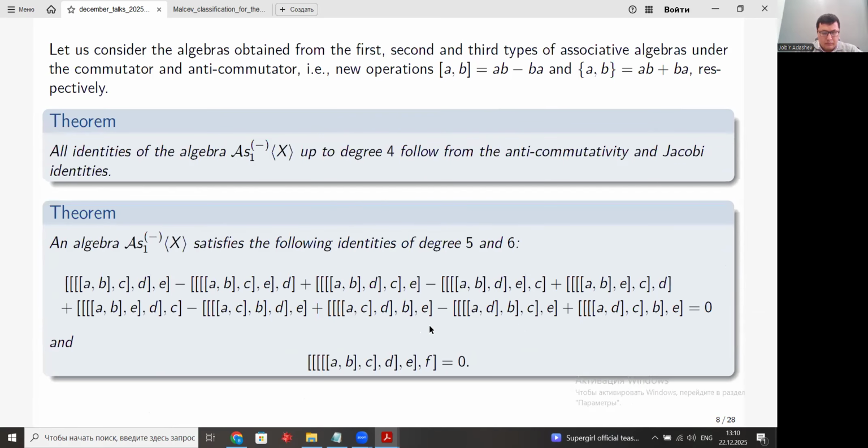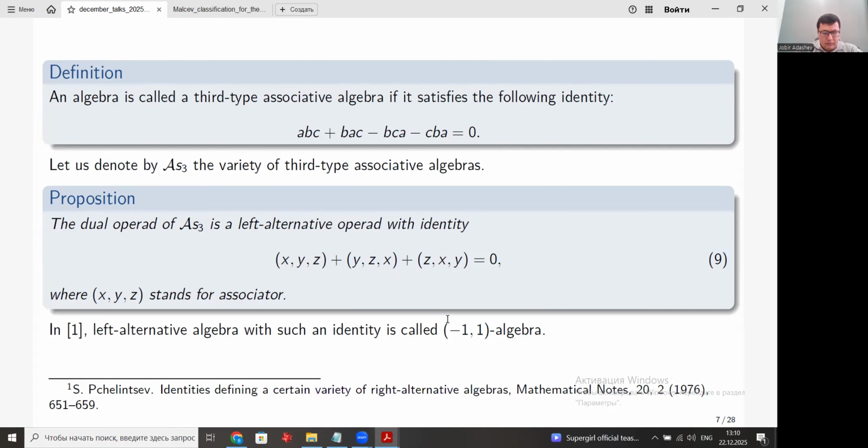Now someone can logically ask: now we need to consider fourth type associative algebras, because we know that we have four subspaces A1, B1, C1, D1. But actually there is no need to consider fourth type associative algebras. Why? Because a fourth type associative algebra is isomorphic to the third type.